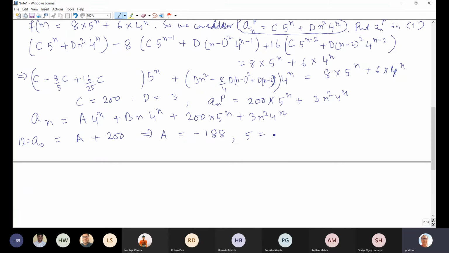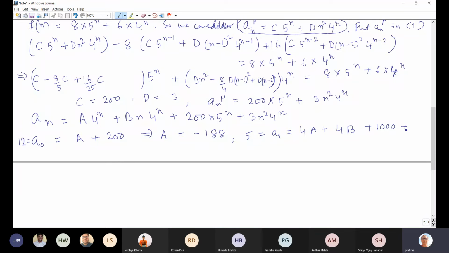So 5 is equal to A1. So you get 4A plus n is equal to 1, 4B plus 200 into 5, 1000. And here you'll substitute 1.